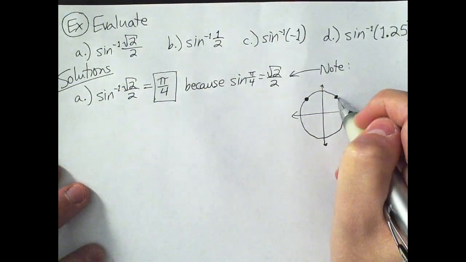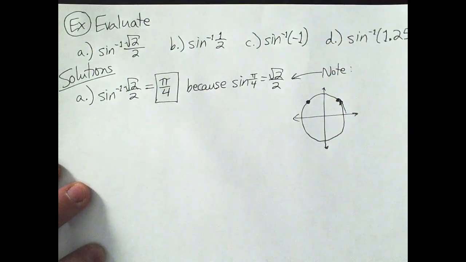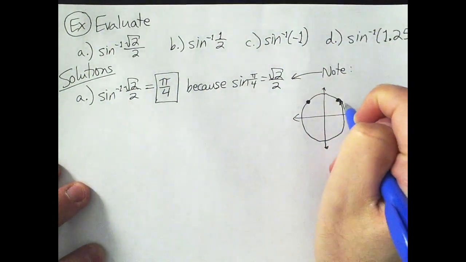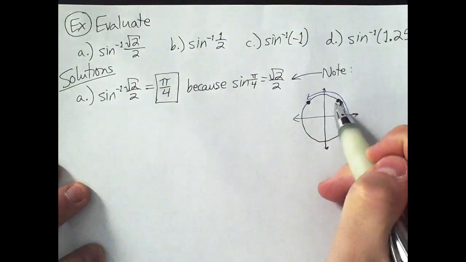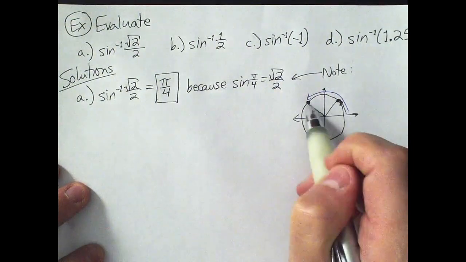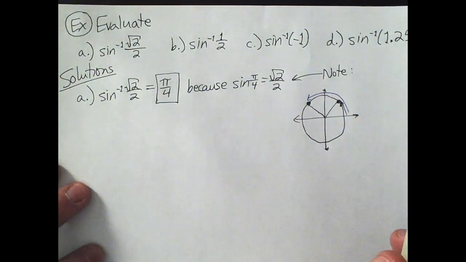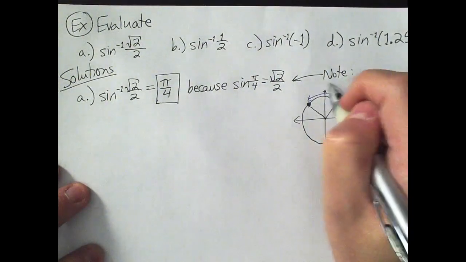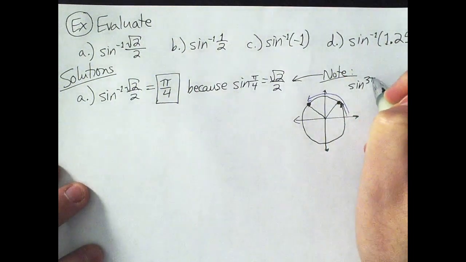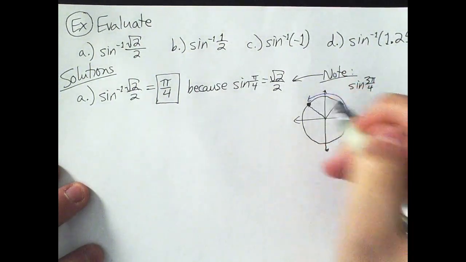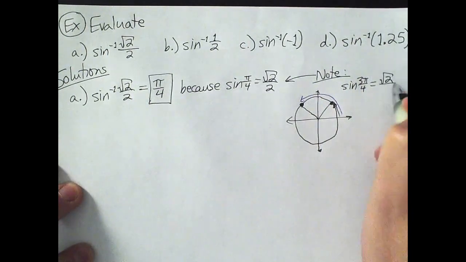You could go this far around, but couldn't we do this? Sine of both of these is the square root of 2 over 2. What I'm saying is, note, sine of 3 pi over 4, that's what this longer one is, equals the square root of 2 over 2 also.